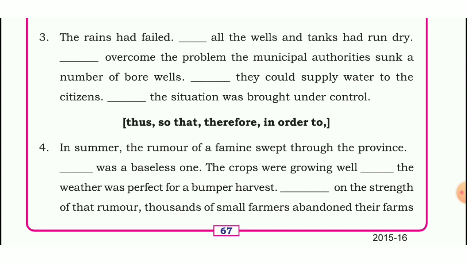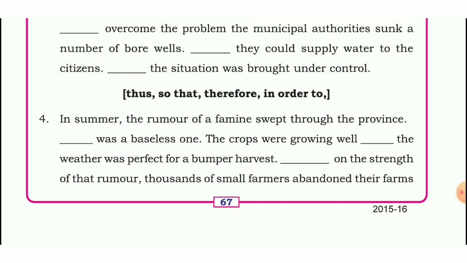Right. So in order to overcome the problem, the municipal authorities sunk a number of borewells so they could supply water to the citizens. So they could supply water to the citizens. The last one, conclusion. The situation was brought under control. Thus the situation was brought under control.